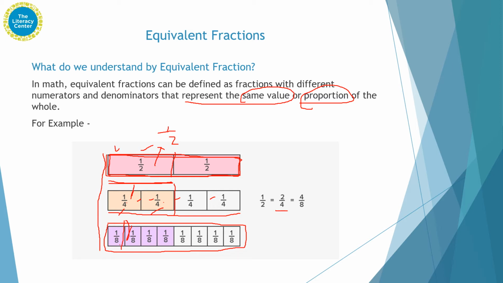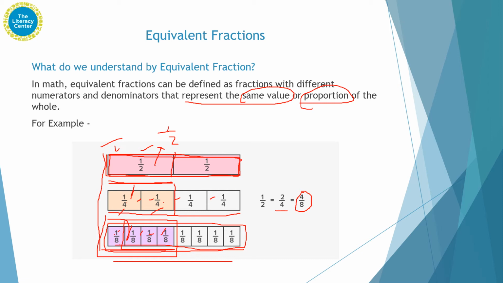If you look at this shaded part here, this is again the same fraction of the whole, similar to this one. This can be represented as 4 parts, 1, 2, 3 and 4, out of 8 equal parts.